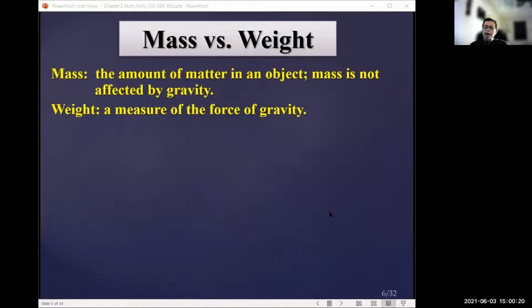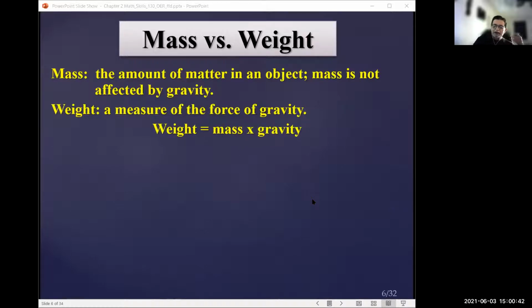But my mass, which is a measure of all the matter I have in my body, since the corona, I picked up a little bit more mass than normal. So my weight has changed here on Earth, but if I went to the moon, I would have lost weight only by measurement, not by mass.